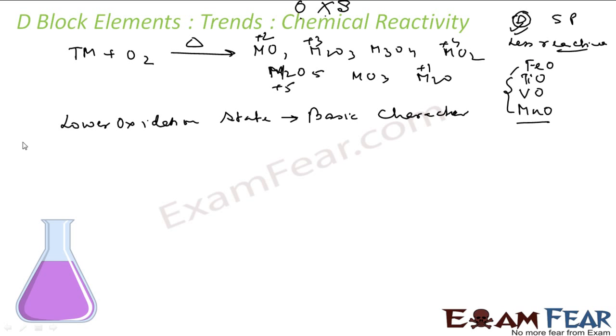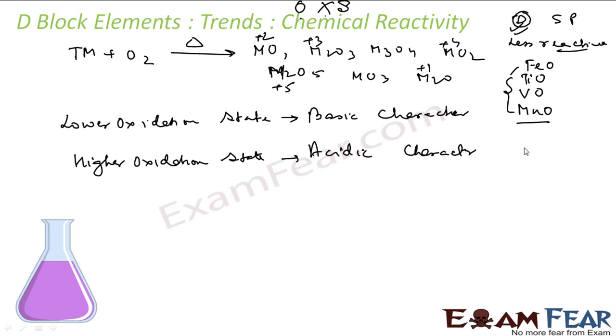When these metal oxides are in the higher oxidation state, they behave like acid. They have acidic character. For example, VO2, Mn2O3, CuO.